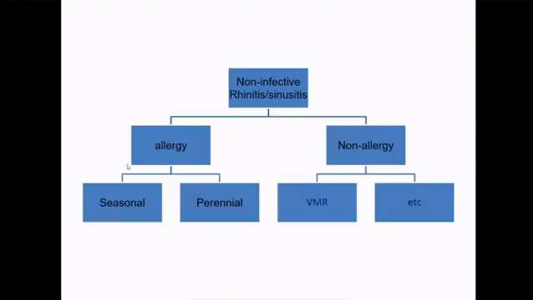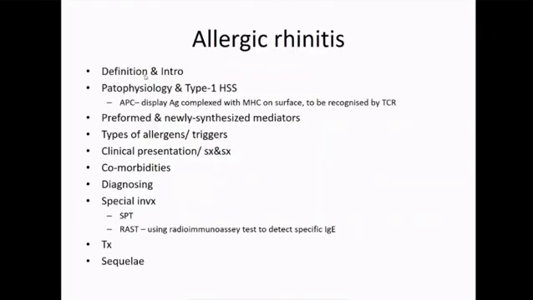So as I said just now, in our country, perennial allergic rhinitis. The definition of allergic rhinitis is an inflammatory reaction of the mucosal membrane of the nose, IgE mediated. You must mention IgE mediated.